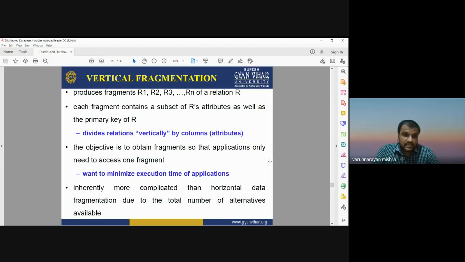Inherently, vertical fragmentation is more complicated than horizontal data fragmentation because of the total number of alternatives available, since there are a lot of ways in which we can divide the relations vertically in the form of columns or attributes.